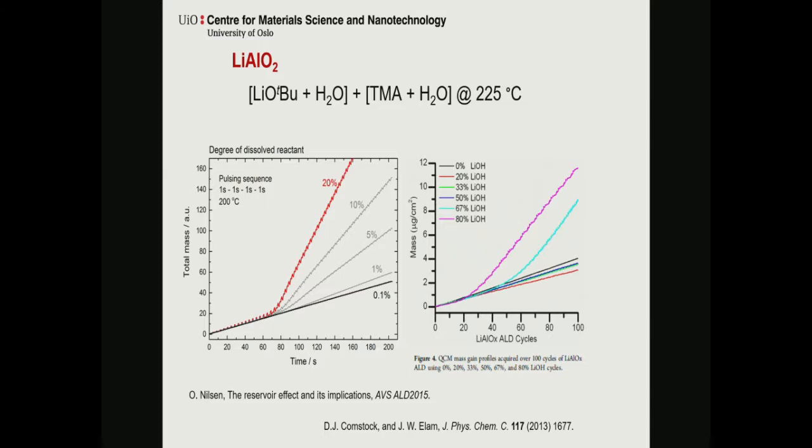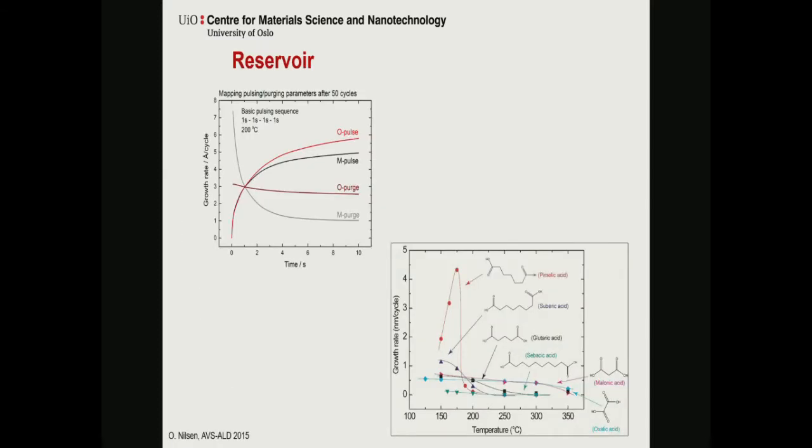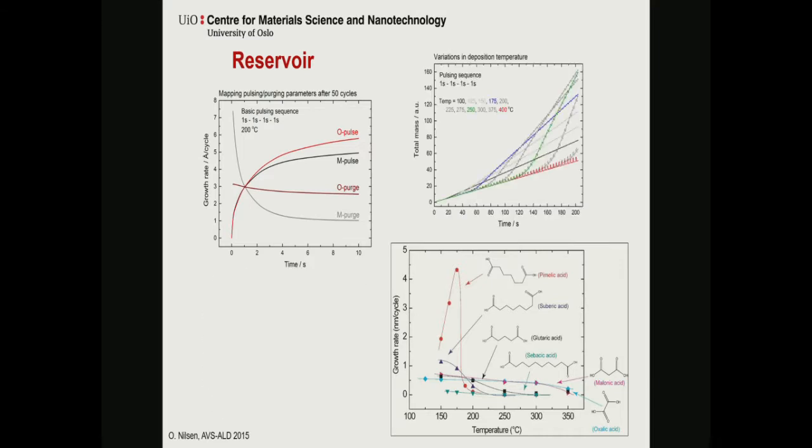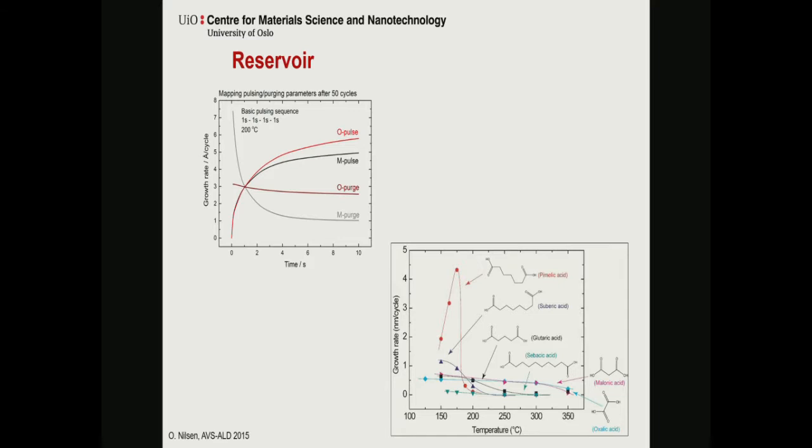So if your QCM signal behaves something like this, then it might be due to nucleation, but it also might be due to the fact that you are absorbing material into the film. Particularly, do look at how the QCM detail looks later.